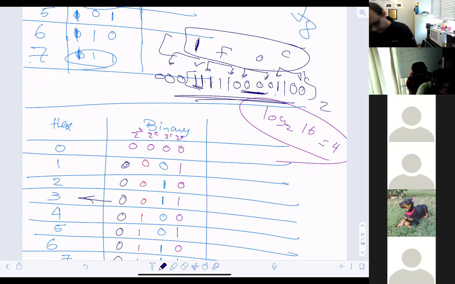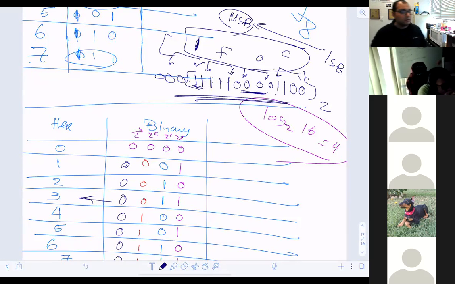Okay, and then I also have a question about the logs. When it was hex to octal, you said it was 2 bits, but when I did the logs, it was like 1 point something. Do we just assume it's 2? That's close. Why it goes to 2? You mean like this, right? Log 8 of 16.